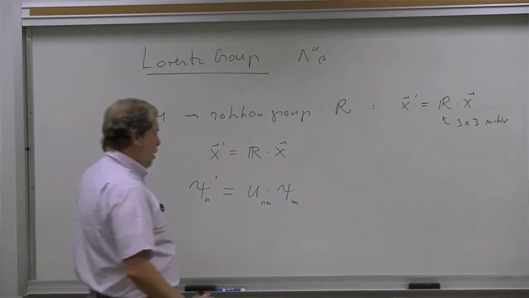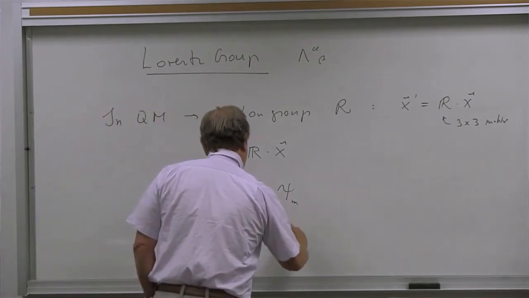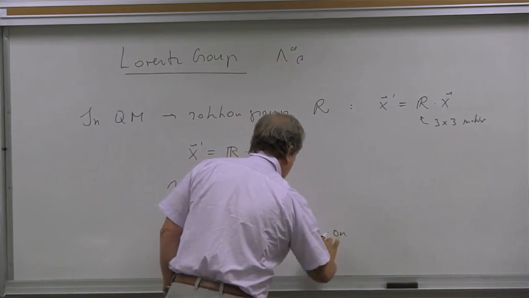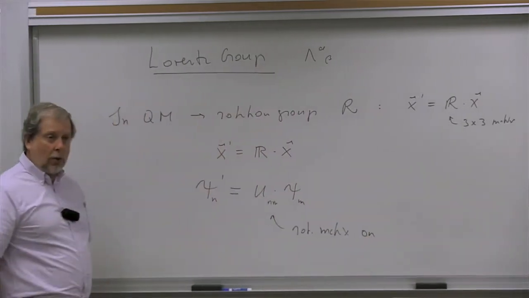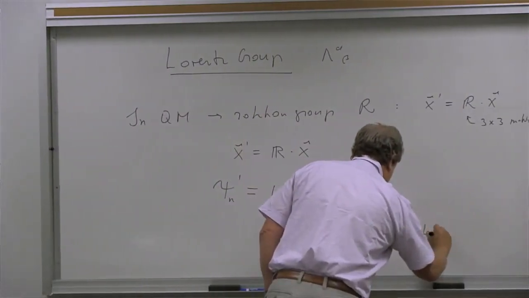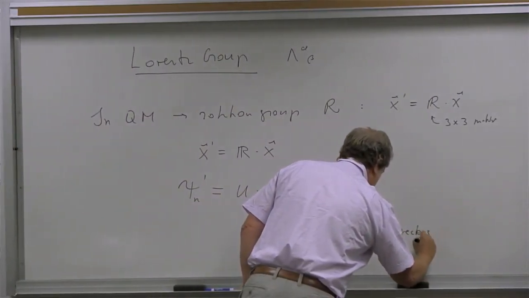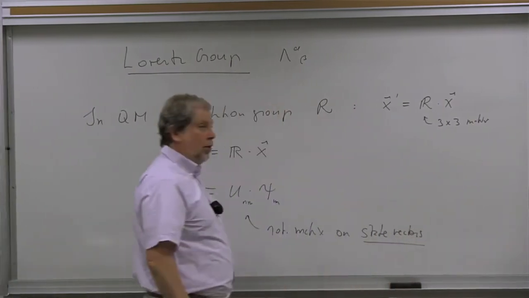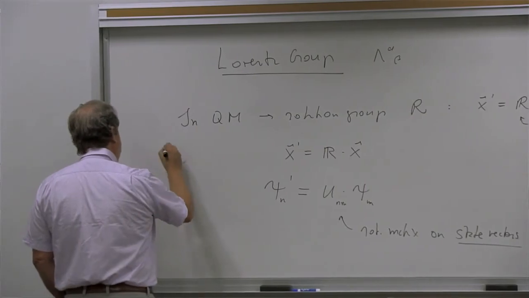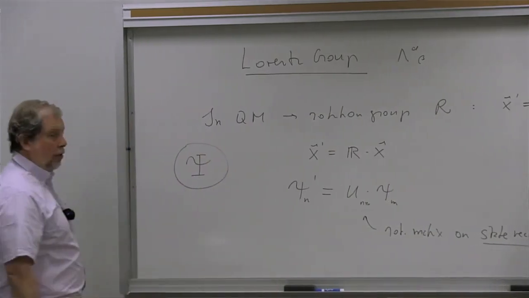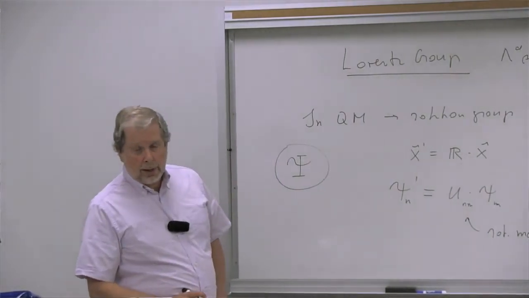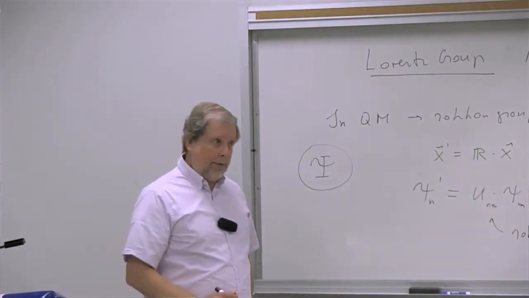So U is the rotation matrix on what? Well, of course, not on the x coordinate, but on state vectors. So in quantum mechanics, we have this psi, and the rotation is done on the psi. Now, one of the things that we learn in the quantum mechanics class is that this rotation has a simple form.